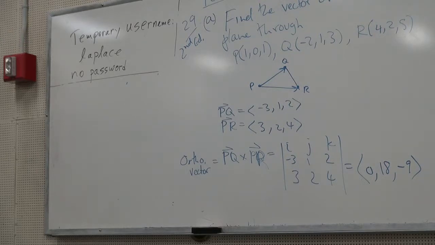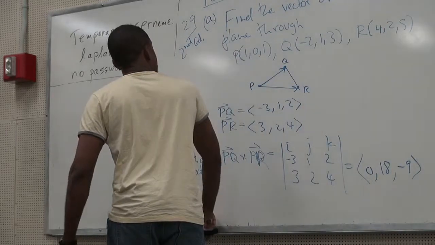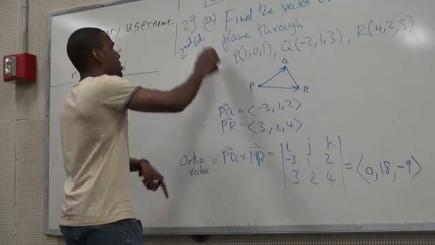P is a point on a line that passes through points Q and R. Show that the distance D from the point P to the line is given by the formula. We're okay with this, right?